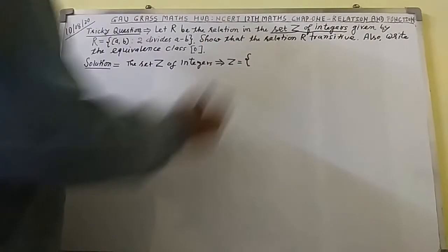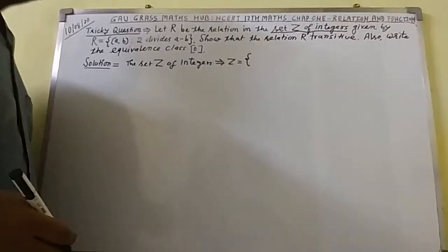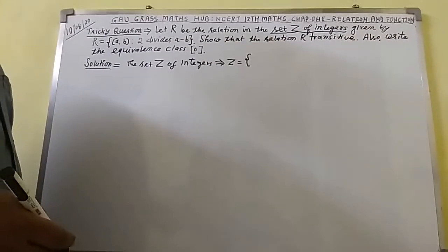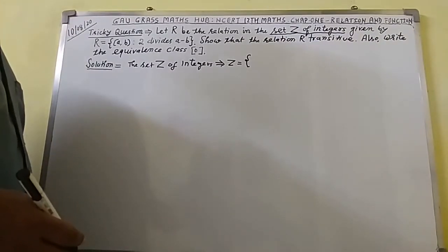Integers can be negative integers, positive integers, and 0 is counted as a positive integer.